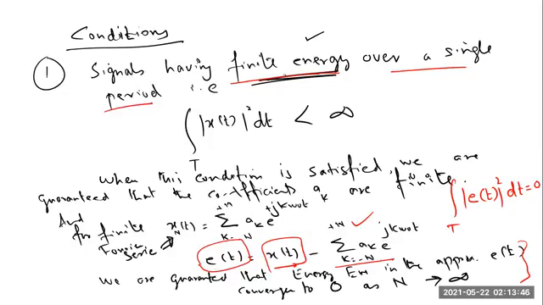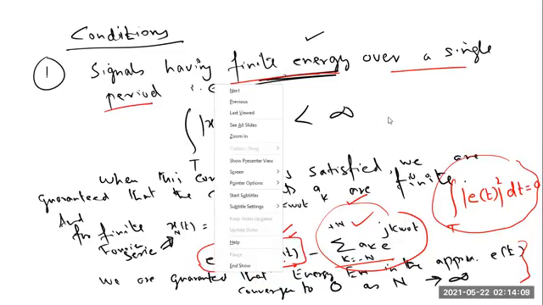So the difference in two signals is decided based on the energy of the signal. Even x of t and this signal may be different, but if they satisfy this condition, it means there is no difference in the energy present in this signal and this signal. So our actual signal and its Fourier series representation will be identical. That is the effect of this condition.